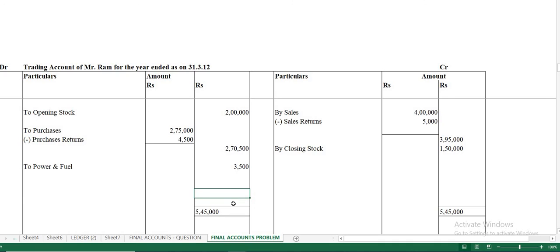So from 5,45,000 you have to subtract 2 lakh, 2,70,500, and 3,500. I am getting 71,000.